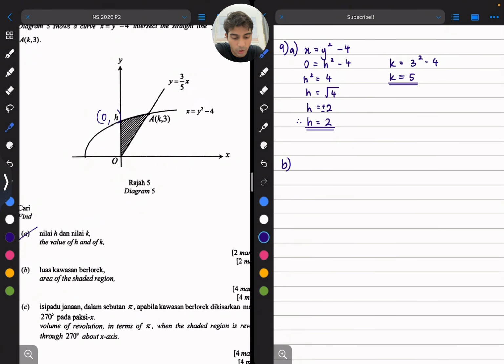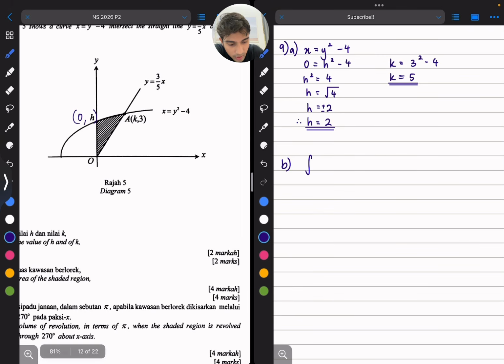Or if you want to use the y limits also can. You integrate the straight line, you'll get this whole region. And then you integrate the curve from this to this point, you'll get this region. Then you minus off, you get the answer. So let's just take the x axis.